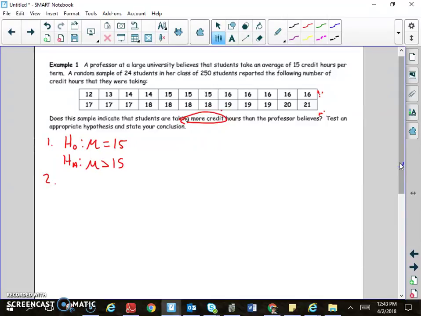Number two, same step, you're going to define the parameter. So for your parameter, what are you trying to find? It's the true population mean. What should you say? For the average number of hours a student takes.